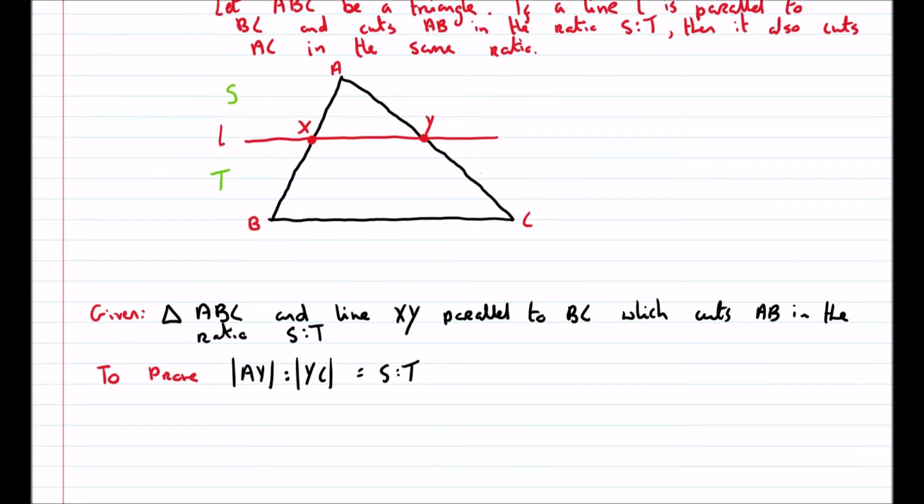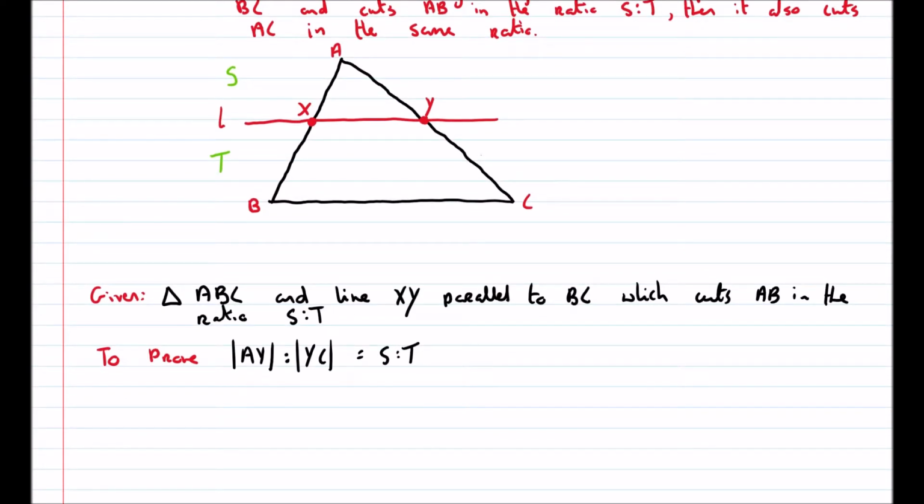Okay, well, to make a construction, we'll divide AX into S equal parts. Okay, so many equal parts.